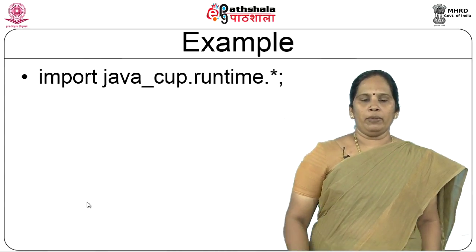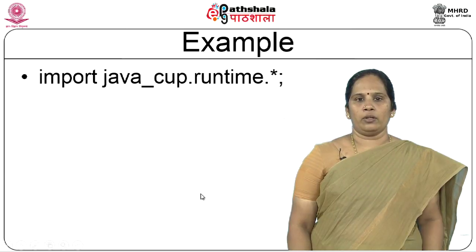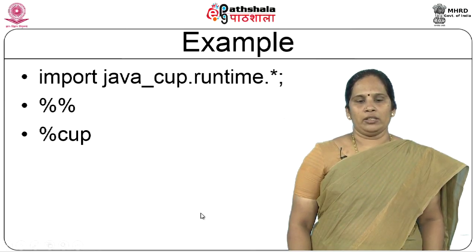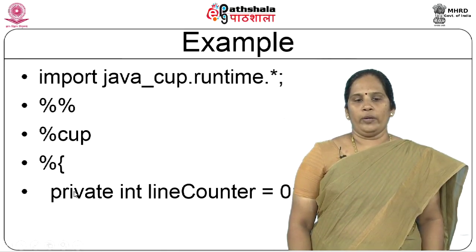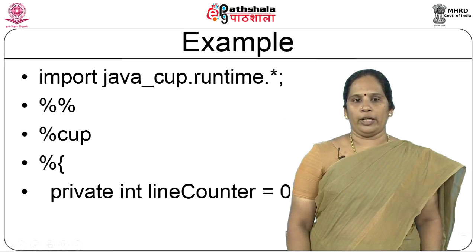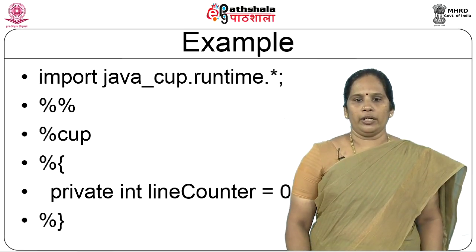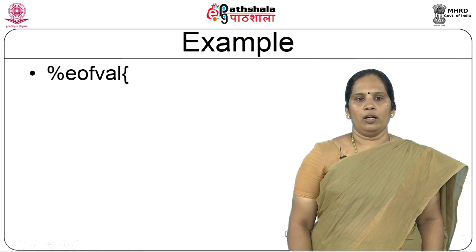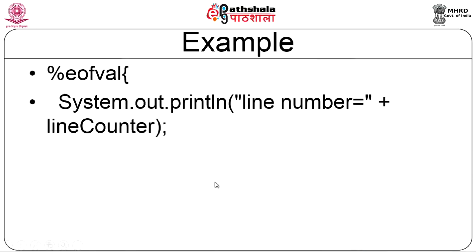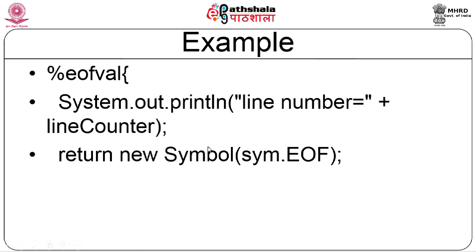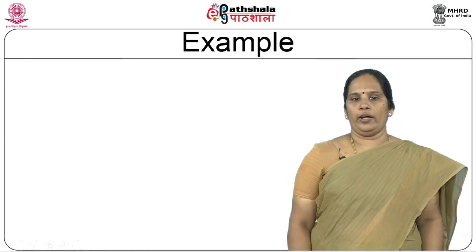Let us take this example here: import java_cup.runtime, which has a double percentage and then percent cup here, and then the next section where I am initializing a counter variable to 0 and then closing it here. Then percent eofval, system dot, this is my Java code here, line number is equal to plus line counter, return new symbol, symbol dot EOF, end of file.